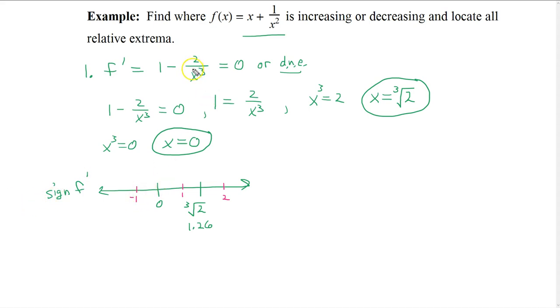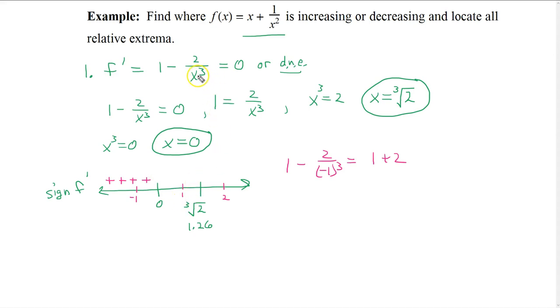So if we put -1 into the derivative here, we're going to get 1 minus 2 divided by -1 cubed, that's going to be 1 plus 2, right? Because -1 cubed is negative, so you're going to have minus a negative number. So this is positive, so our derivative is positive in here.